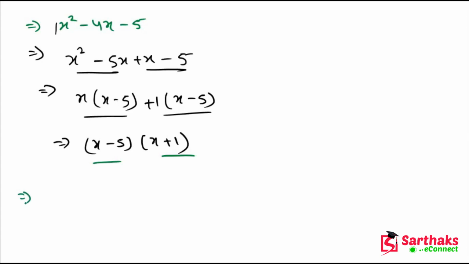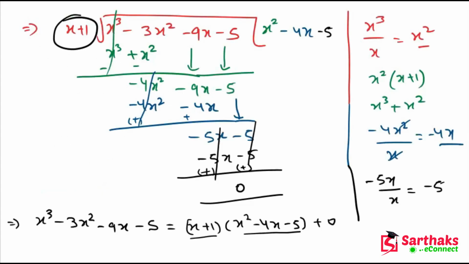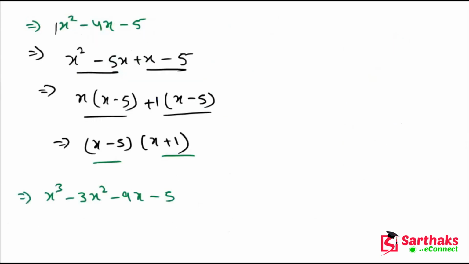So we have a polynomial x cube minus 3x square minus 9x minus 5, and we have the factors x plus 1, x minus 5 and x plus 1.